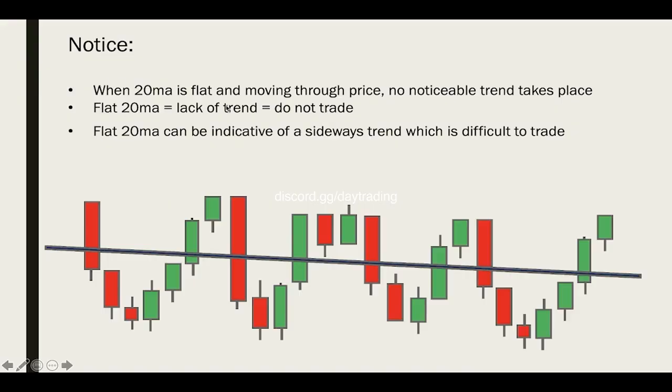So don't trade. If you see a flat moving average, it usually suggests that there's no momentum, no clear trend, and you generally want to stay away from stocks or crypto that are not trending. The whole point is, if something's trending, it has momentum, meaning we could take advantage of big moves higher, or we could short big moves lower.